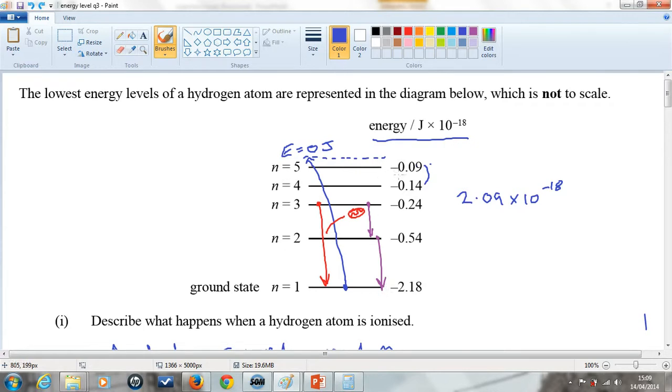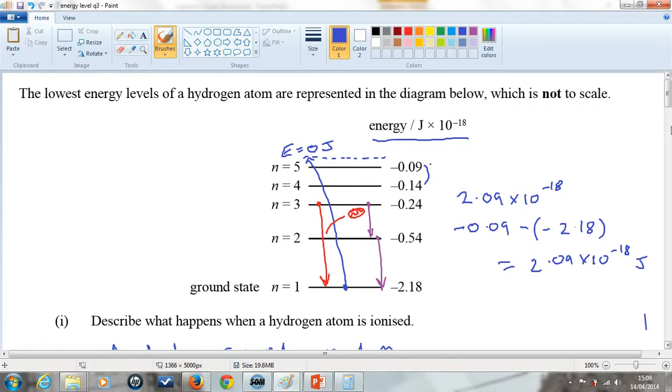And if I start from the beginning, if I take an electron dropping from n equals 5 all the way down to the ground state, I have an energy level difference of minus 0.09 times 10 to the minus 18 minus, bracket, minus 2.18, and that gives me an energy of 2.09 times 10 to the minus 18 joules.